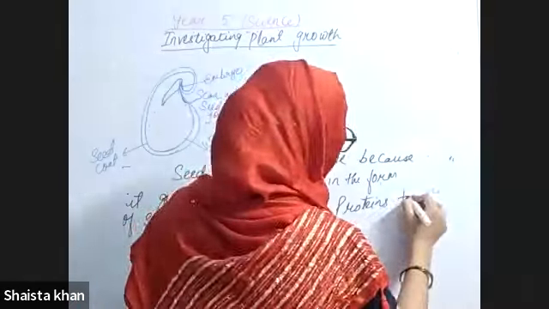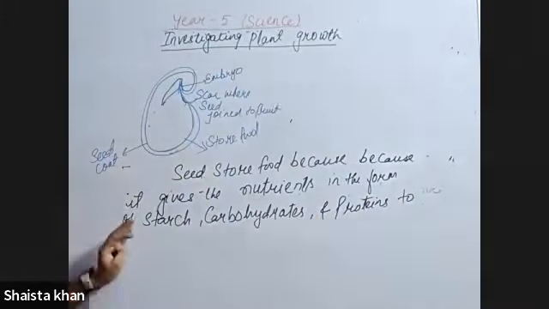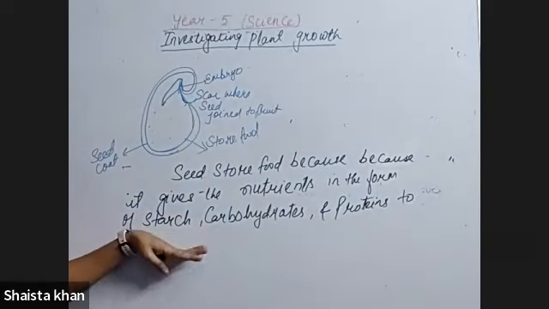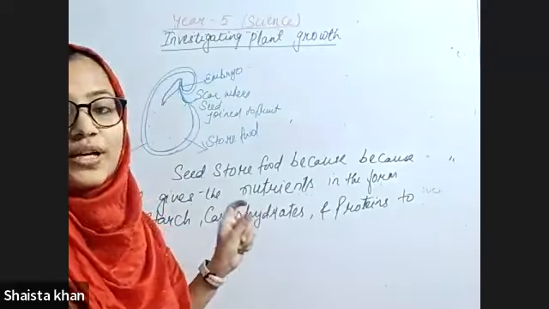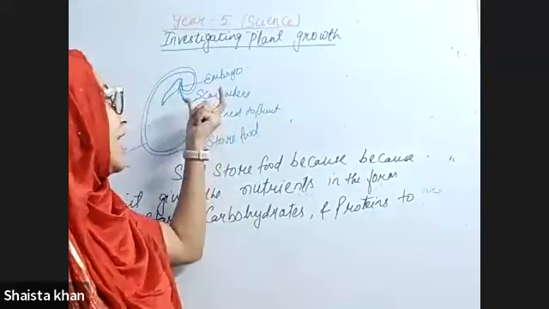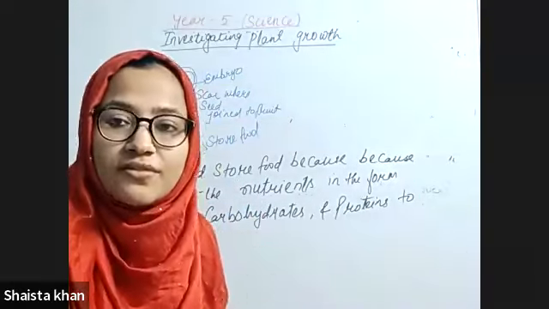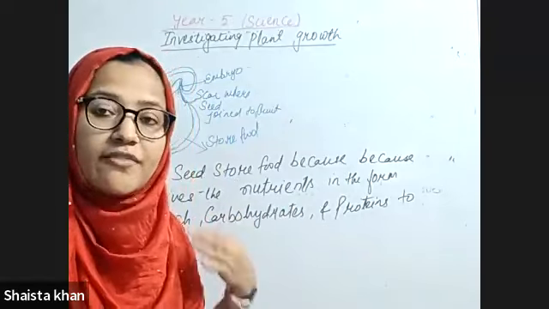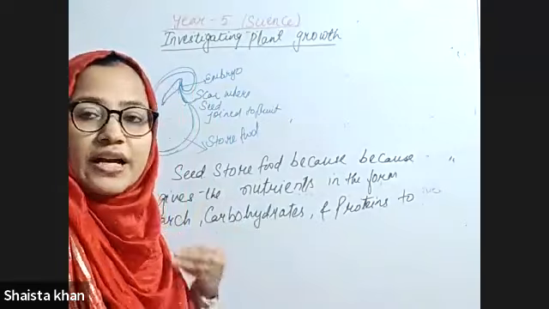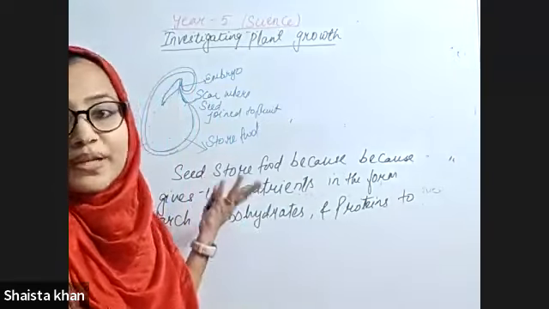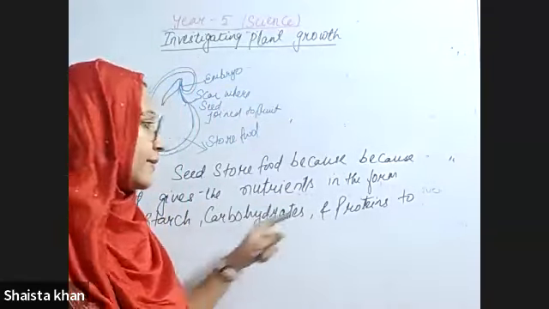Why? To help the embryo germinate. After germinating, it will convert into a tiny sapling, then a small plant, and after that a small plant can grow into a big tree. It is possible, right?